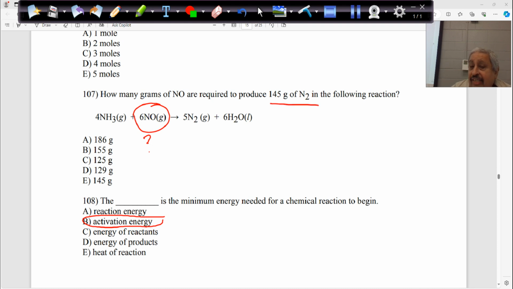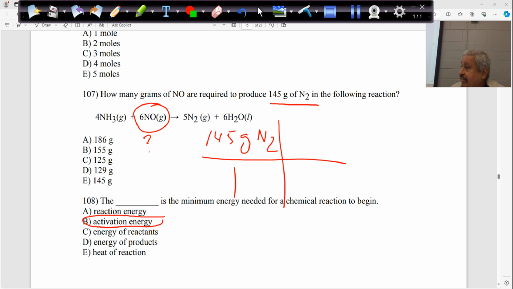So I start with whatever is given to me, 145 grams of nitrogen. I need to get rid of the grams. I use the molar mass. 14 is the atomic mass of 1 nitrogen atom. I have N2, that's 28, correct? 28 grams of nitrogen per mole of nitrogen.